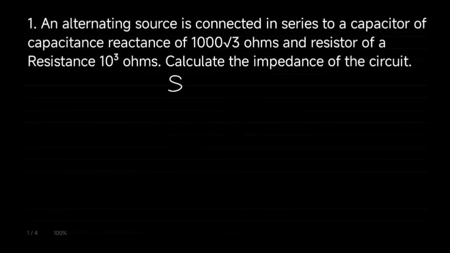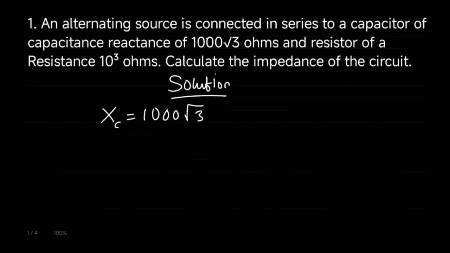Solution. The capacitive reactance is giving us 1000 square root of 3, and the resistance is giving us 1000 ohms, and we are asked to find the impedance, which is measured in ohms.